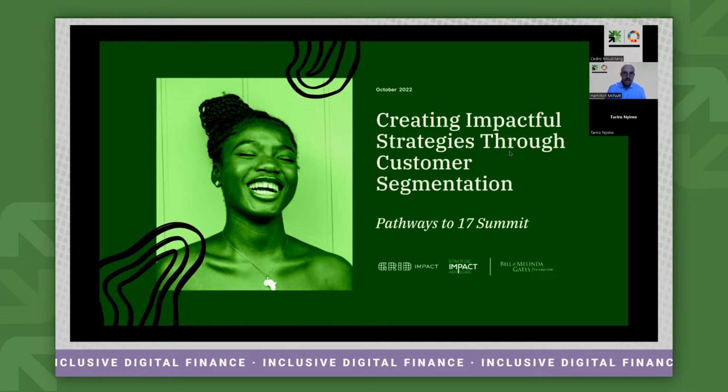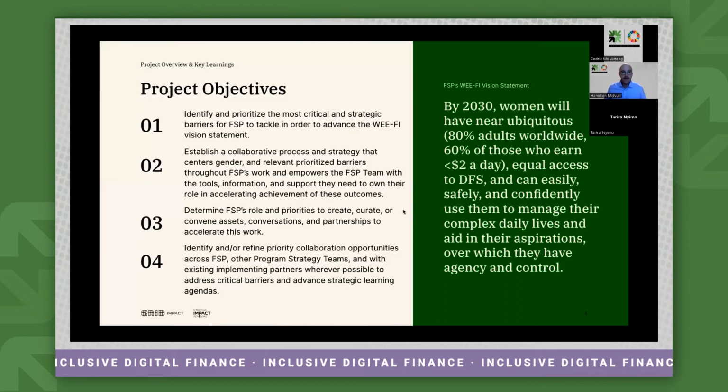Just to start things off, to highlight some objectives of this work: essentially what we wanted to do is to examine a set of barriers inhibiting women's access and usage of financial services, determine which barriers are most resonant to different segments of women in different markets, and make recommendations about the kinds of interventions and programs that might help remove, mitigate, or address these barriers so women can have access to and use a range of financial services that will fit their needs.